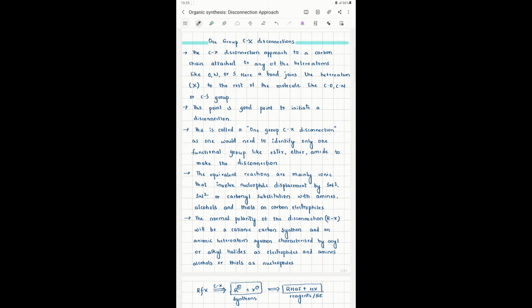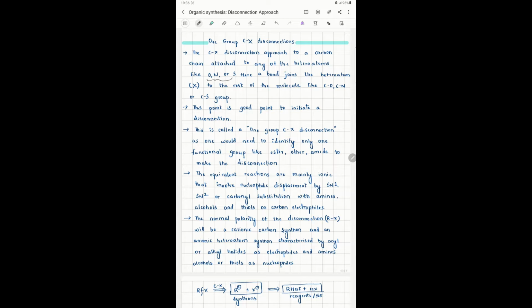So what is this one group C-X disconnection? The C-X disconnection approach applies to a carbon chain attached to any of the heteroatoms like oxygen, nitrogen or sulfur. Mostly one group C-X disconnections are utilized when we observe the presence of oxygen, nitrogen or sulfur, which are heteroatoms.